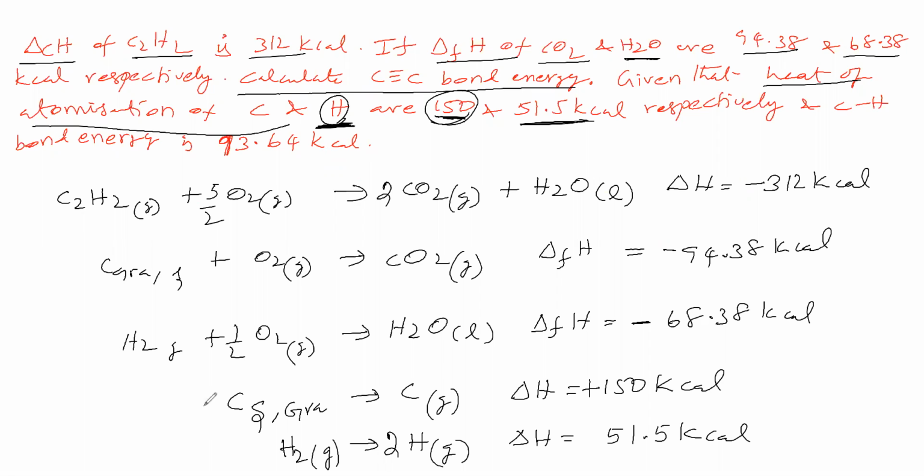For this, we say heat of atomization of graphite solid, like that. This delta H means the heat of atomization of graphite solid. That means what is the heat required at constant pressure for the atomization of this graphite?